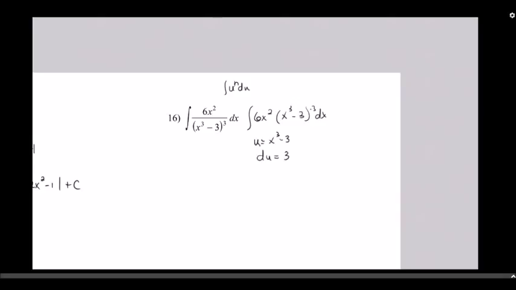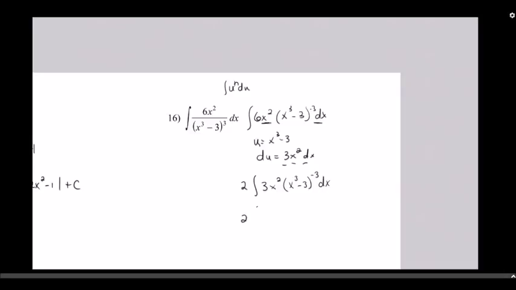Du is 3x squared dx. So we've got the x squared and the dx, but it's supposed to be a 3, and we got a 6 there. But again, 6 is a multiple of 3. So if I pull out a 2 in front, then that 6 does become a 3. So then this inside part becomes u, and 3x squared dx becomes du.